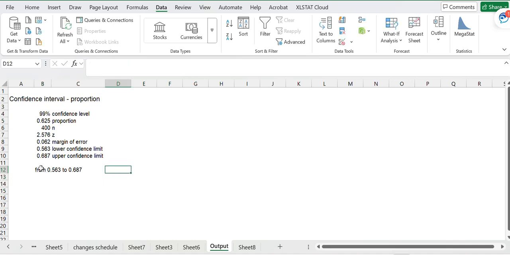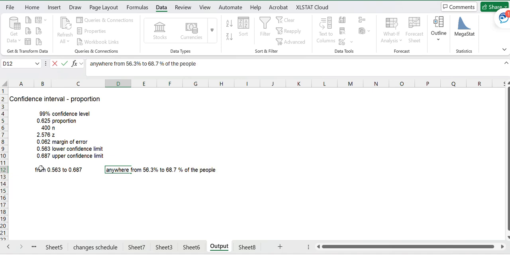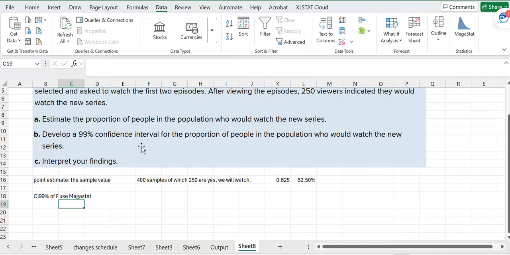So you can expect anywhere from 56.3% to 68.7% of the people will watch the series. So that's the understanding of this particular interpretation.